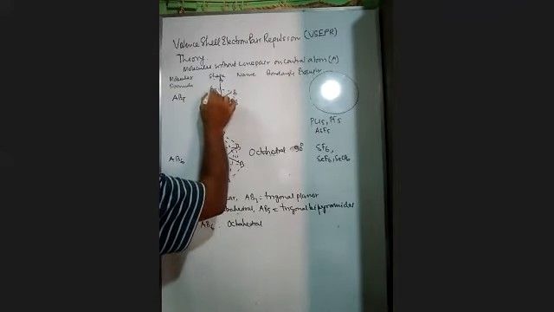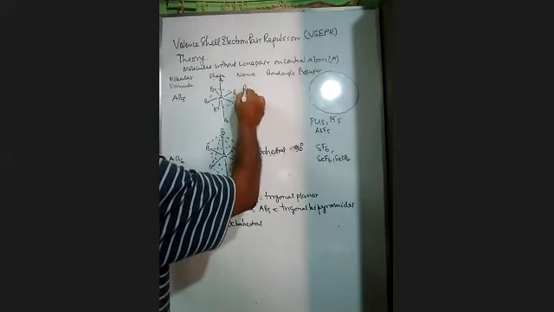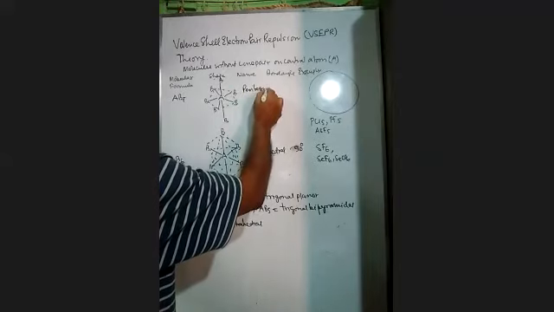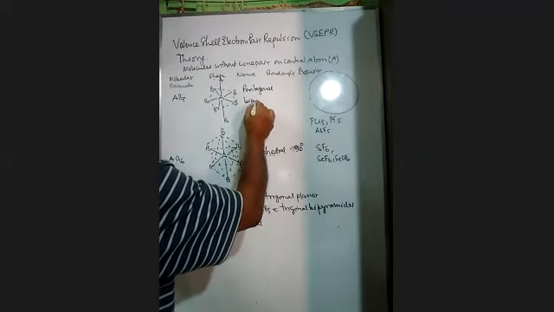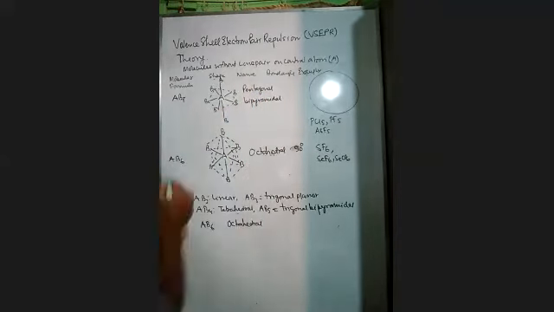When I join the plane, I get a pentagon. So the name is pentagonal bipyramidal.